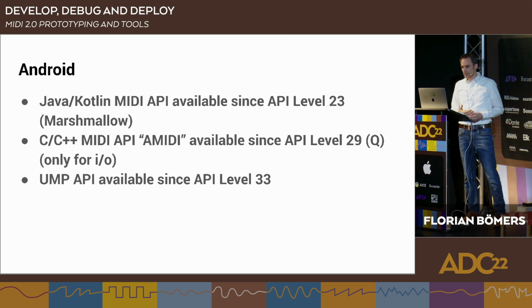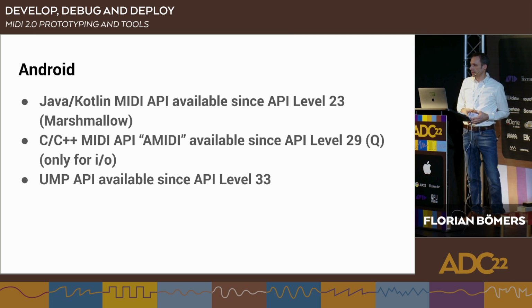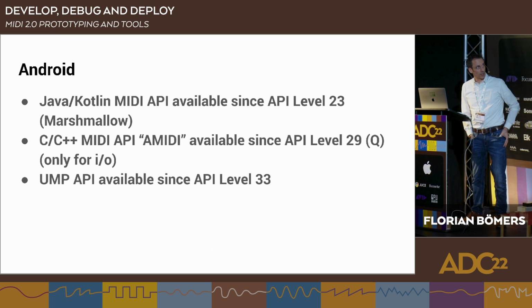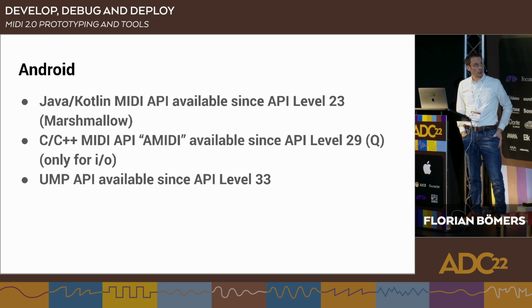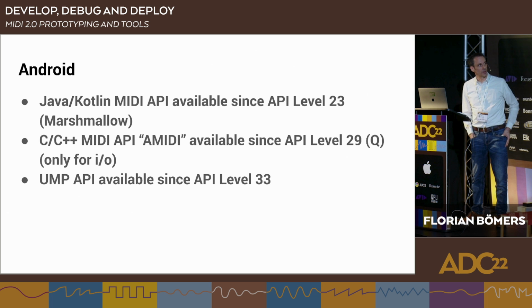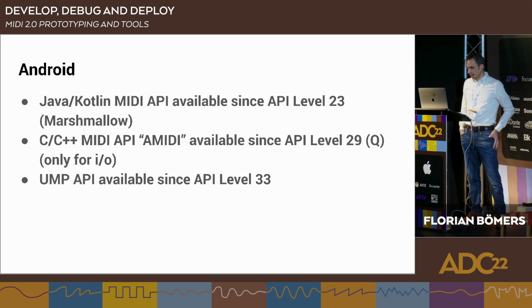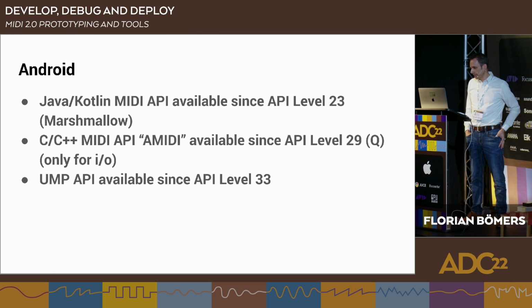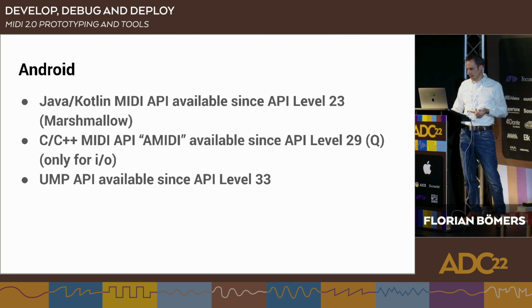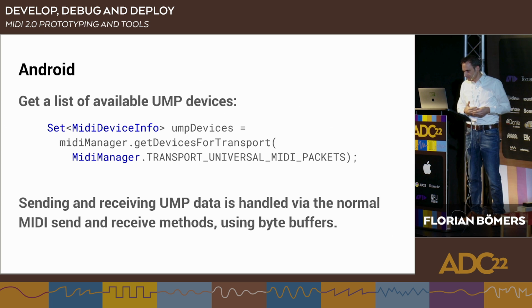Now on Android, we have had MIDI available for a long time, and also native MIDI support since API level 29. And UMP is available since API level 33. It is implemented on a different layer, and I show it here.